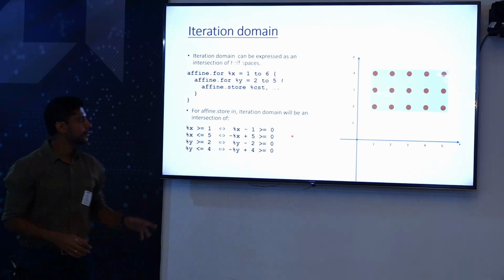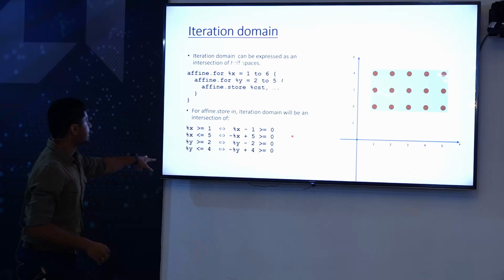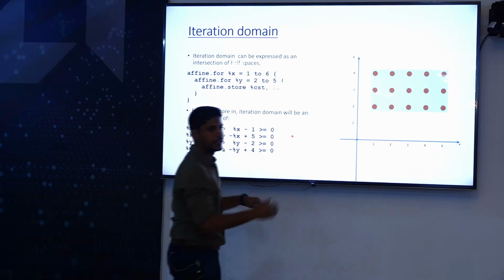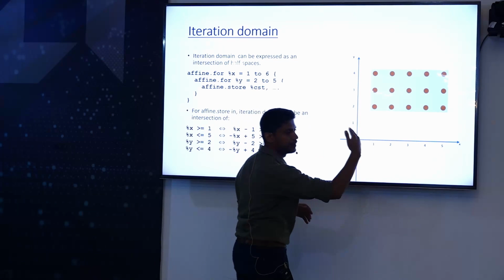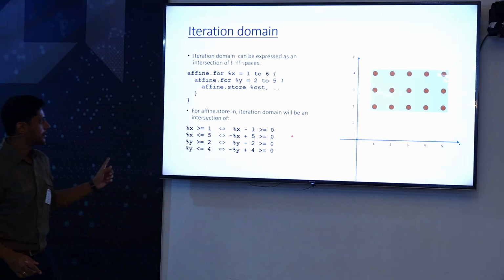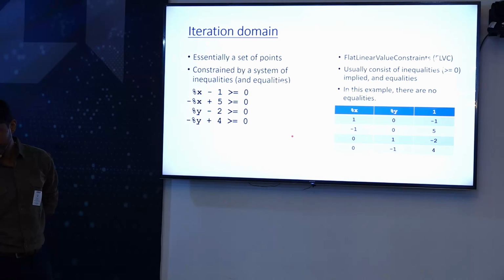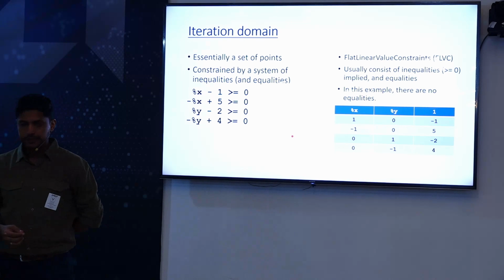But if somebody had written i, then you would have written x equal to y, or x greater than or equal to y, and then you would have gotten a cross line like this. We have an example like that. We'll see this. So this is the iteration space of this. That's clear, right? So we should start thinking in terms of a set of points.